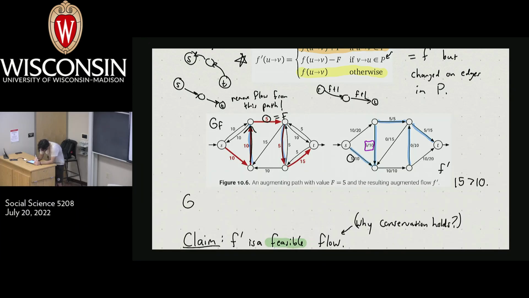So G of F tells us when to add more flow and when past flows were a mistake, so need to backtrack.